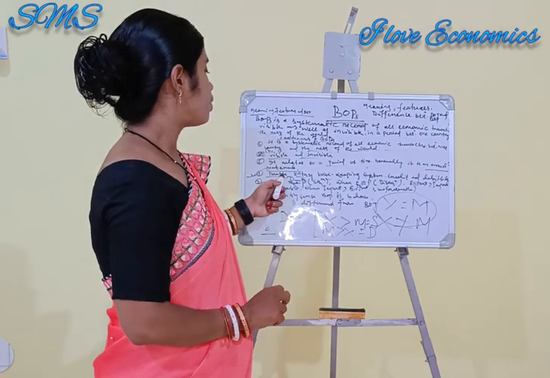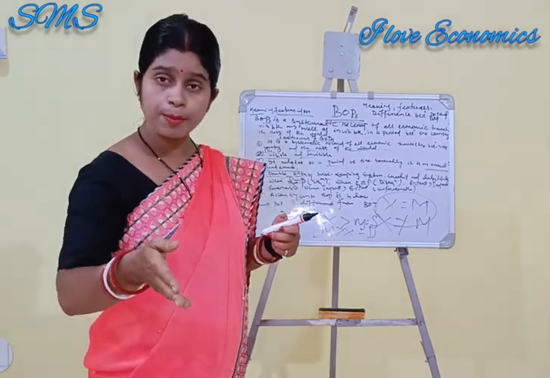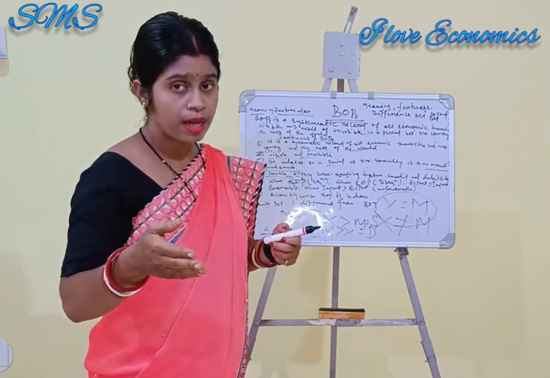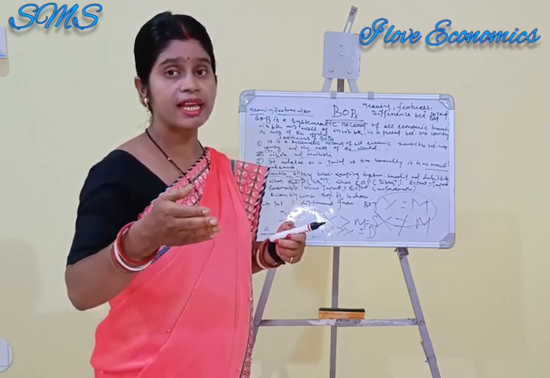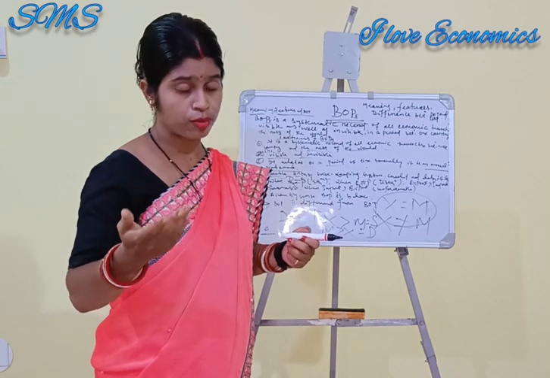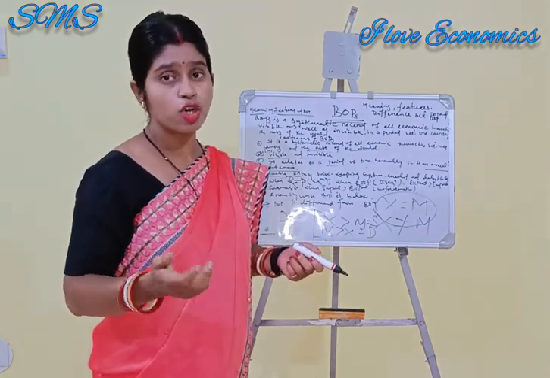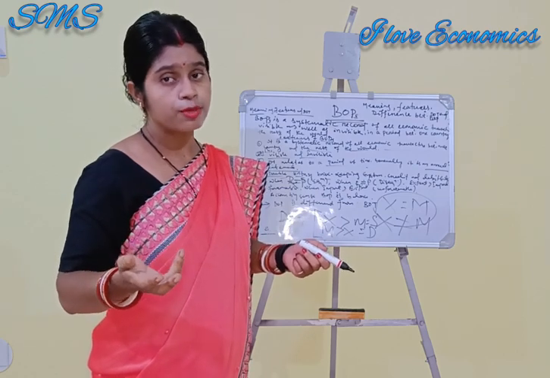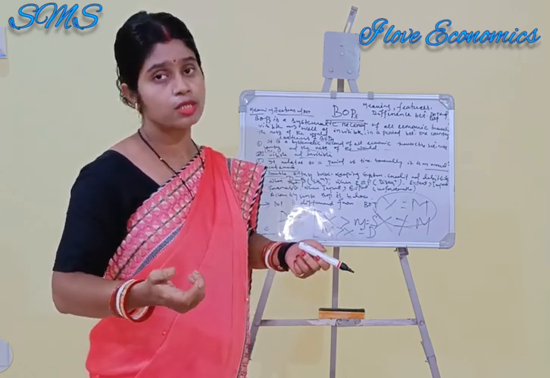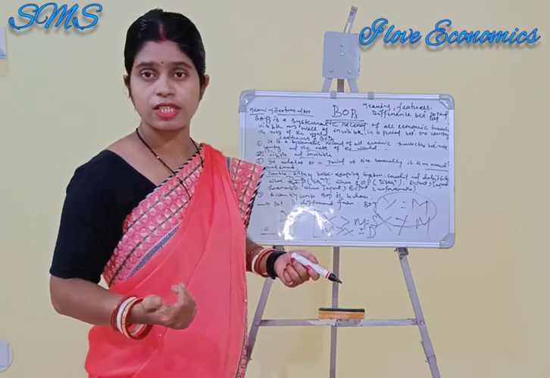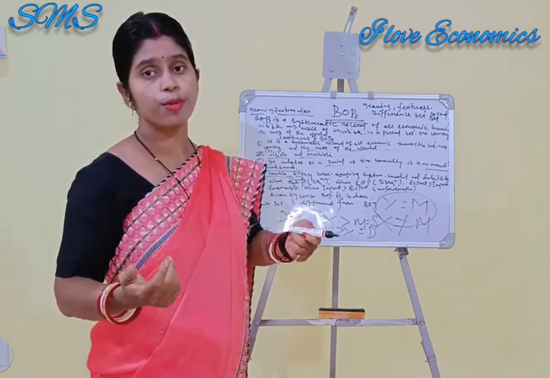When receipts are greater than payments, this is your surplus balance of payment. When export is less than import, that is, receipts are less than payments, or import is greater than export, this is otherwise known as your deficit balance of payment. Both the deficit and surplus come under the disequilibrium balance of payment.